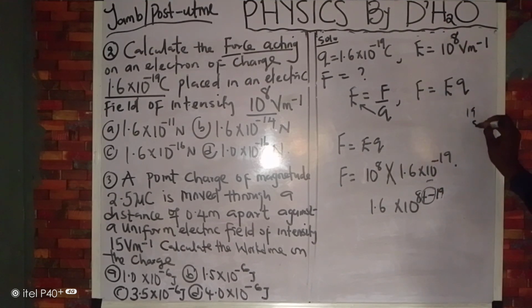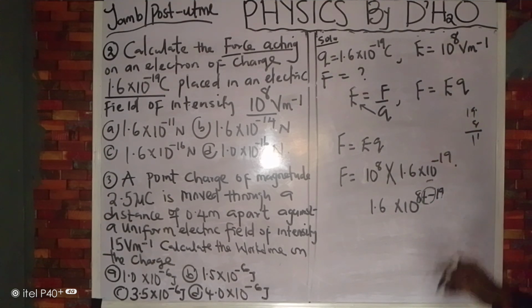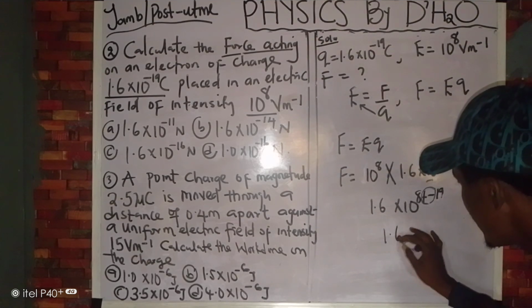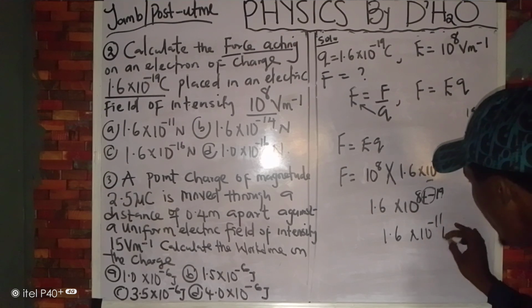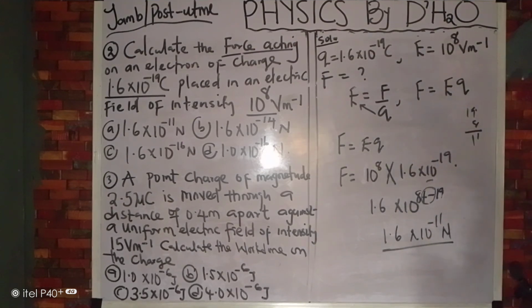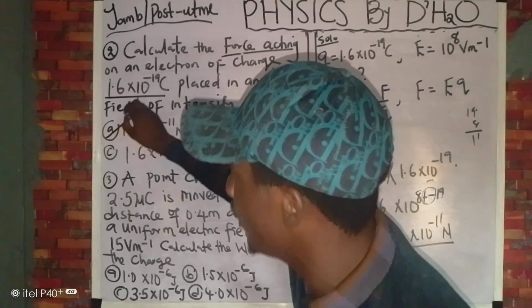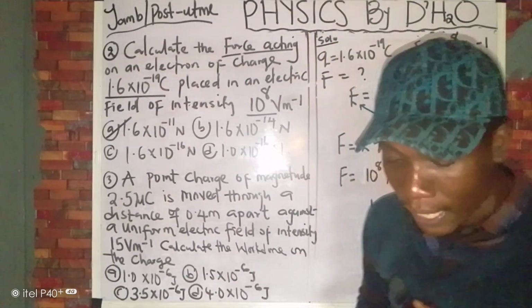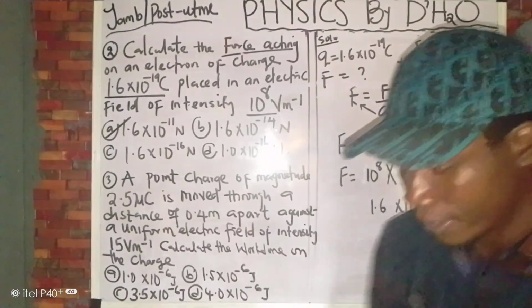Like we're having 19 minus 8, this will give us 11. So 8 minus 19 will give us minus 11. Are we together? Yes. Okay, so you have 1.6 times 10 raised to the power minus 11 Newton. So let's quickly check on the options. Our answer is option A. So it's very easy.